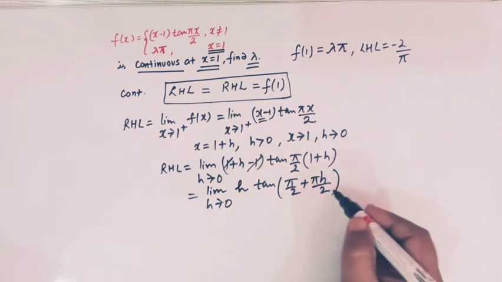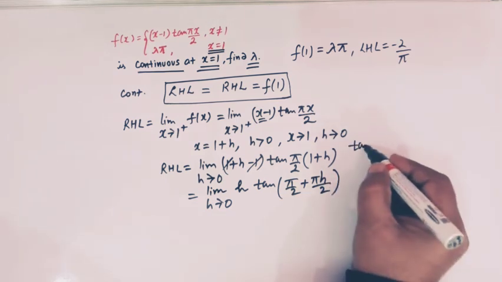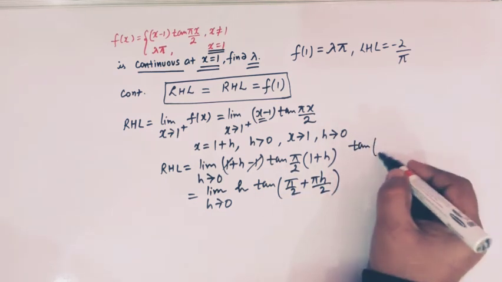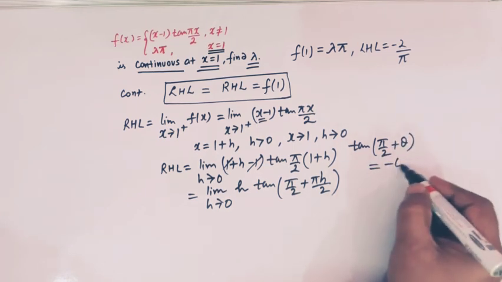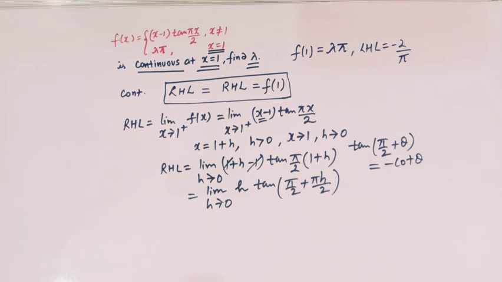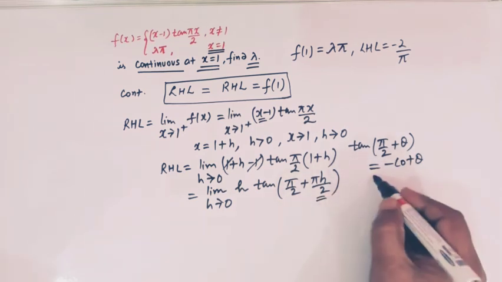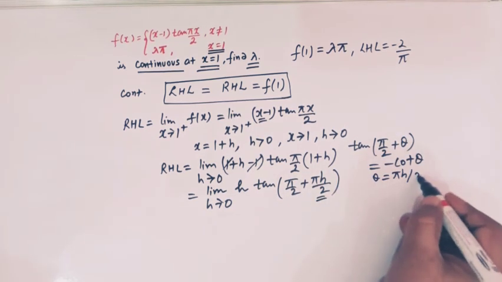So now we can make use of the trigonometric formula, that is tan(pi by 2 plus theta) is equal to minus cot theta, right? Where theta is pi h over 2.